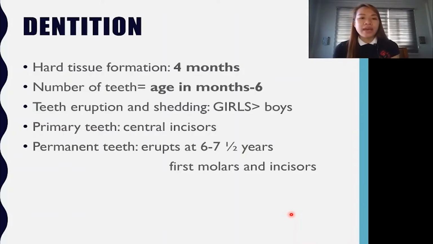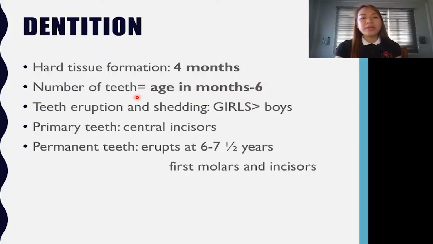Now, we have hard dentition sa ngipin naman. So what do we know about the dentition of children? So there is the beginning of hard tissue formation starting at the age of 4 months. But how do we compute? Paano malalaman po, Doc, kung kailan ba siya dapat magkangipin? So remember, class, that at age 6 months, they start to develop or nagkakaroon sila ng teeth.